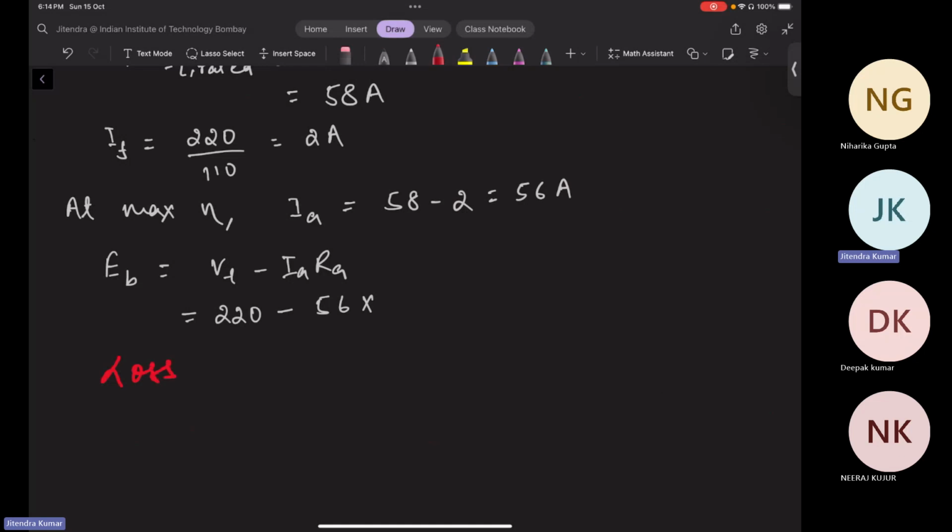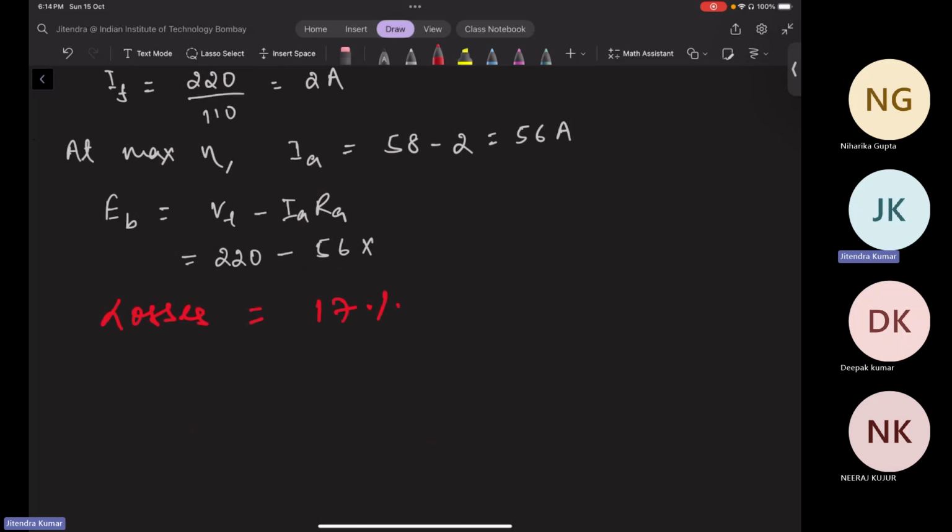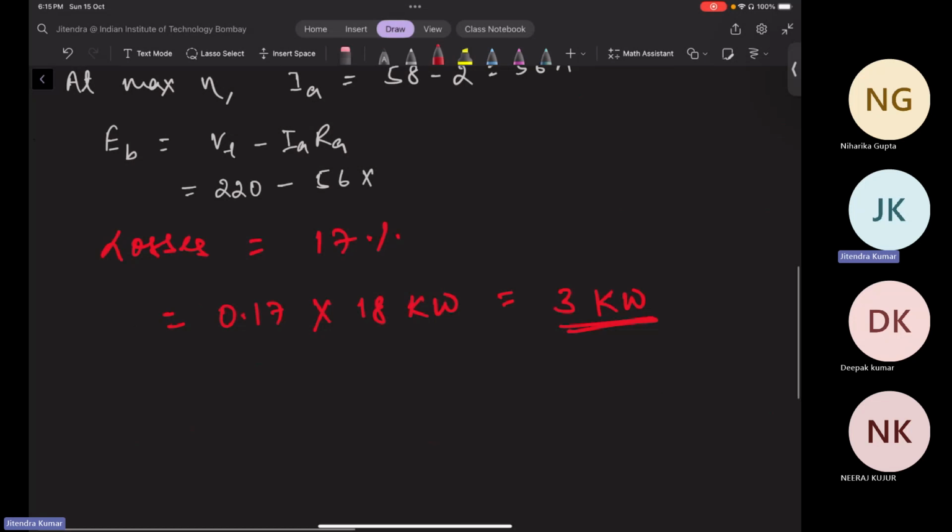So losses will be 17% of 18 kilowatt. It will be equal to 18 into 0.17, which is 3 kilowatt. So 3 kilowatt are the losses.